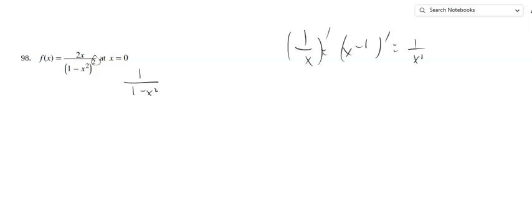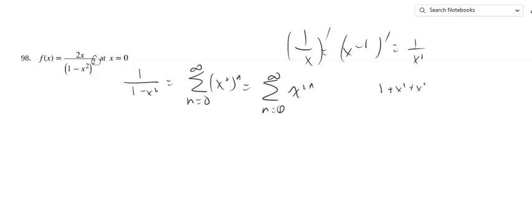So to square a denominator, I'll say, look, I know what this is. This is the series n equals 0 to infinity of x squared to the n. This is the series n equals 0 to infinity of x to the 2n. And I'm aware if you let n equal 0, you're getting 1 plus x squared plus x to the 4th.